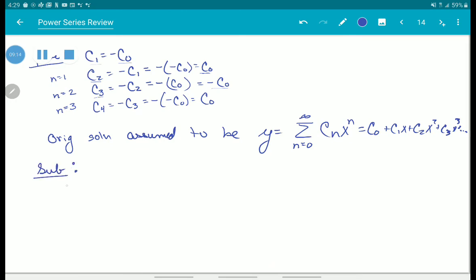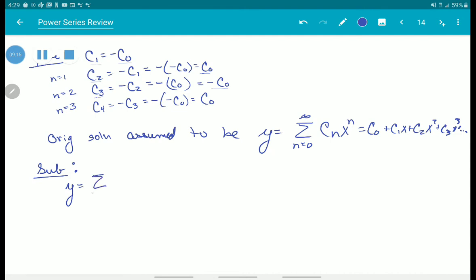we know there was no substitution for c0, right? Everything's written in terms of c0. But we said c1 was a negative c0. We said c2 was a positive c0.